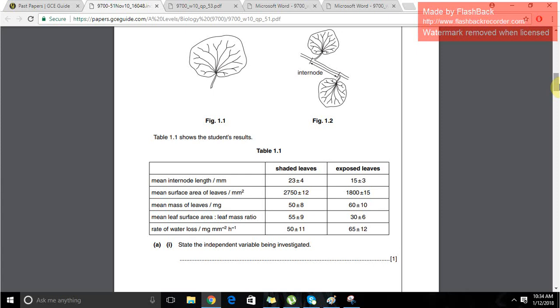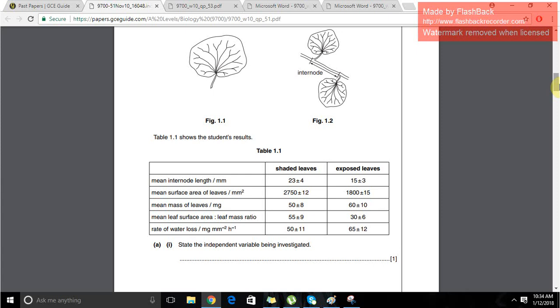So compare for shaded and exposed. Mean internodal length is given in millimeters, 23 and 15. So you observe that for the shaded leaves, the mean internodal distance is greater, meaning the distance between adjacent leaves is greater, on average.